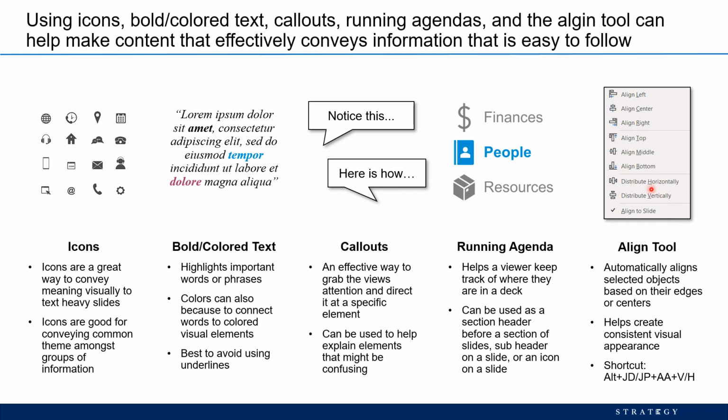I'd press distribute horizontally, and it would format these objects so they are perfectly spaced and aligned for my presentation. Also, if you have a hard time finding it, this is a great shortcut to memorize: Alt-JD or JP, depending on if it's an object or a picture, then AA, then V or H, depending on if you want to distribute it horizontally or vertically.